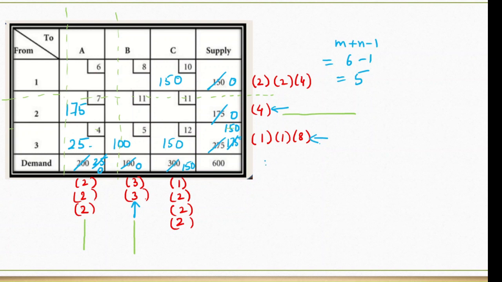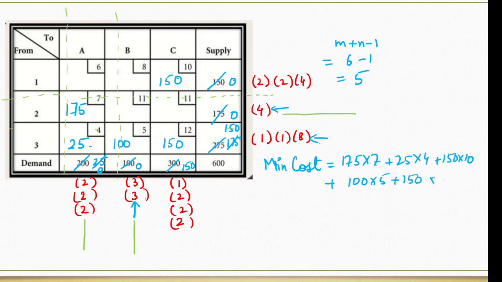Now the minimum cost we can calculate, that would be equal to 175 into 7, 25 into 4, plus 150 into 10, 100 into 5, plus 150 into 12.